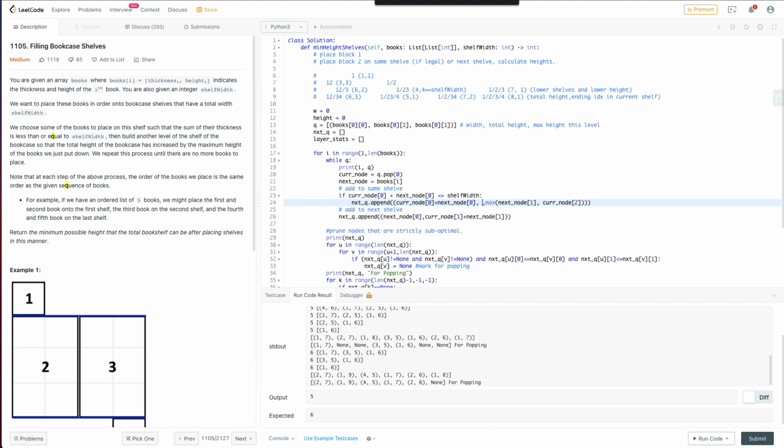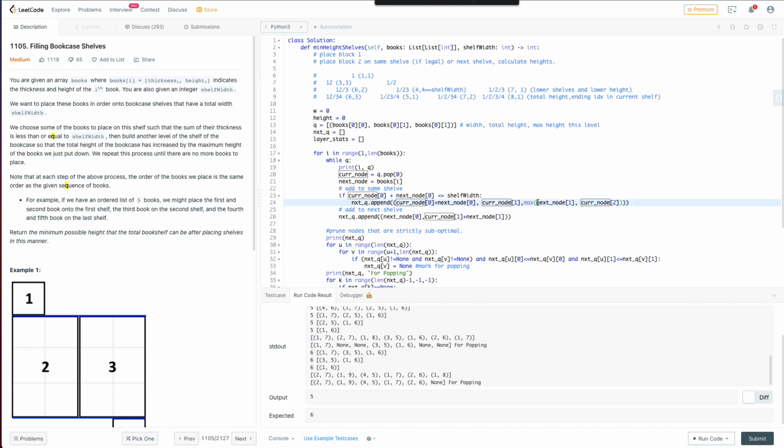Total height is normally just the parent's, unless this is bigger than this.